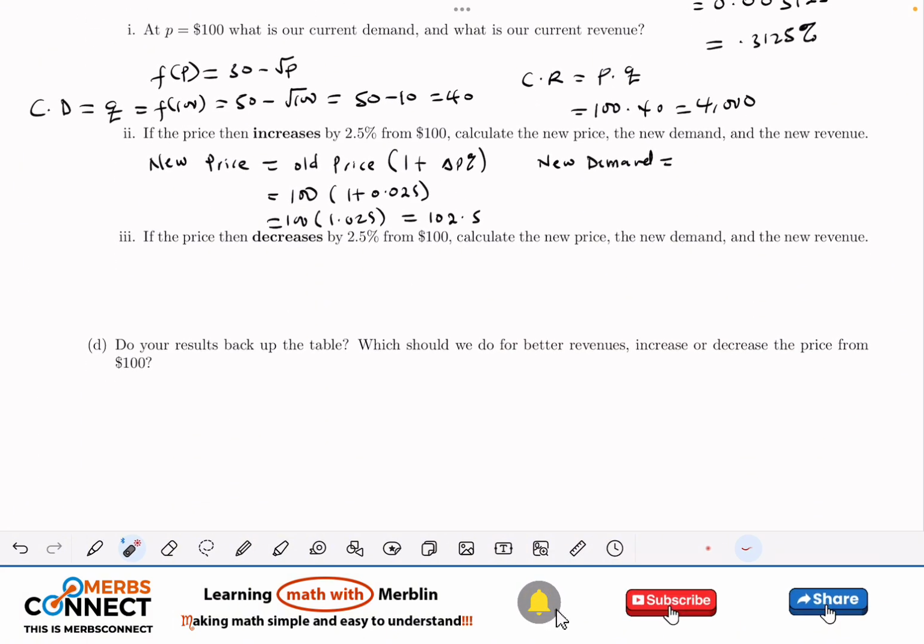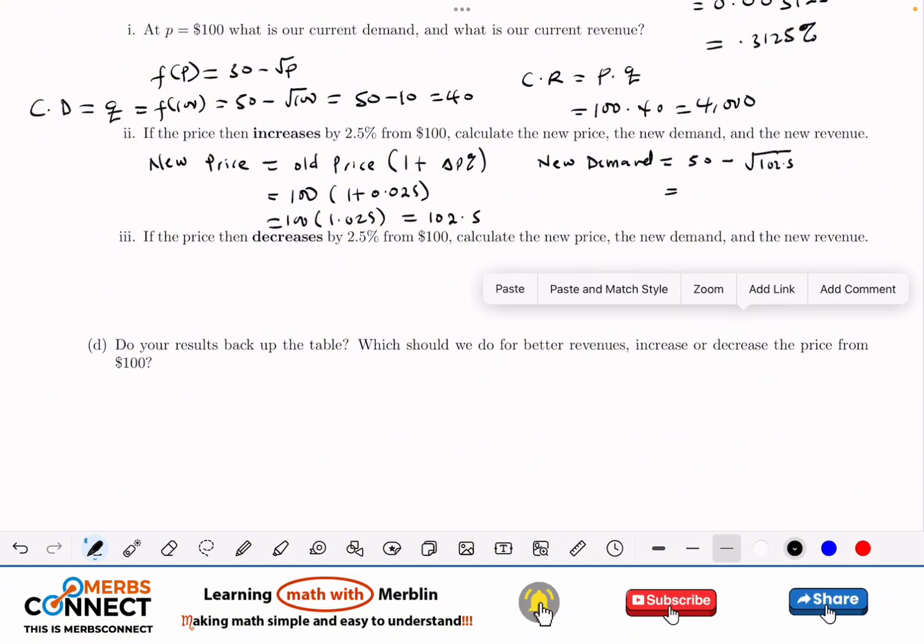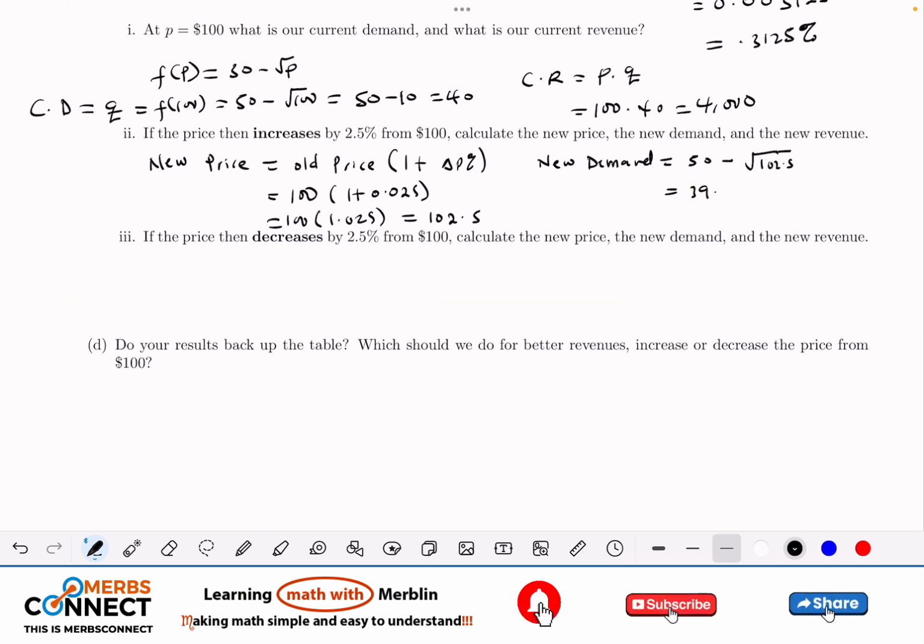So we are going to have 50 minus root of the new price, 102.5. Right. And when you fix it on a calculator, you should be able to get something like 39.876. So this will be the new demand.